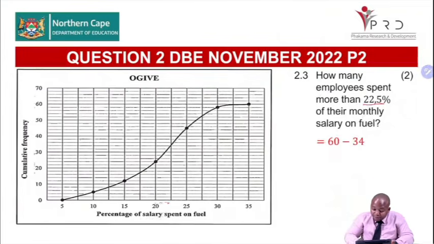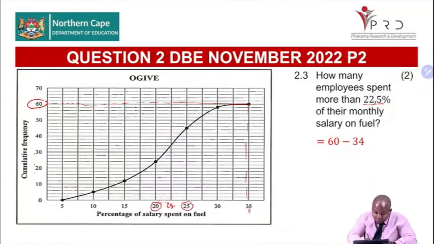It's going to be between 60, because for 60 we have that 35 in this case, and between this is 20, the half of 20, and that is going to be 23 in that case.